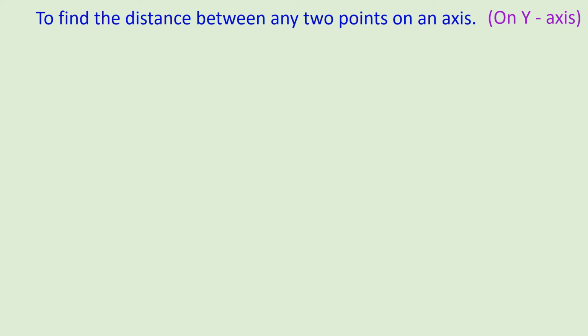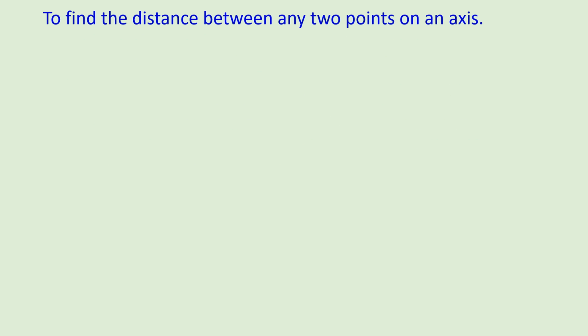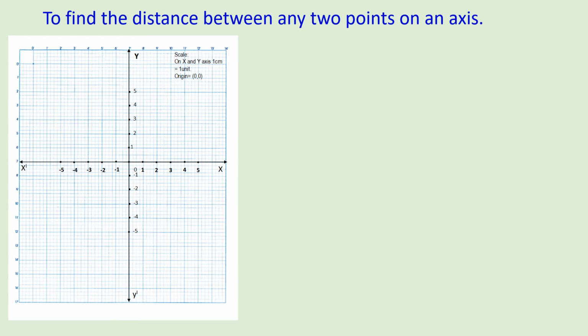In this video we will find out the distance between any two points on an axis, and this time we will take the y-axis. So here we have again the xy plane, and on the y-axis we are taking 2 points.